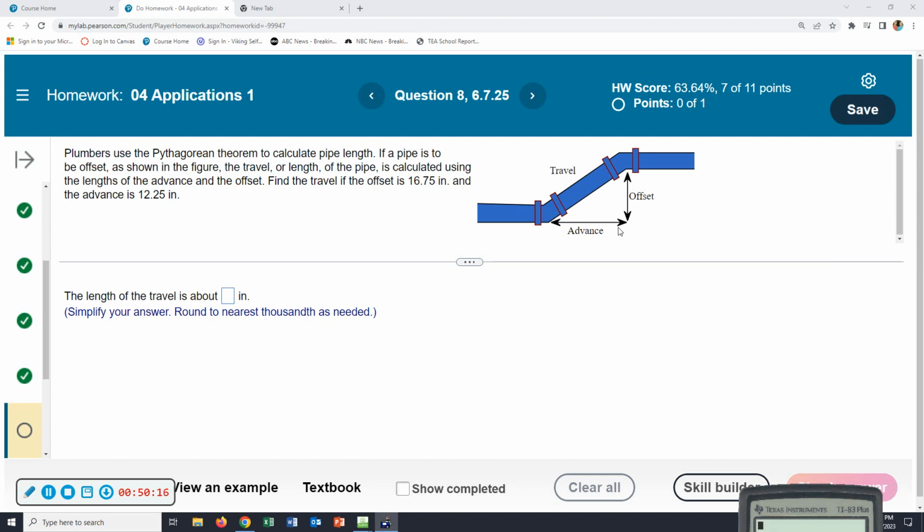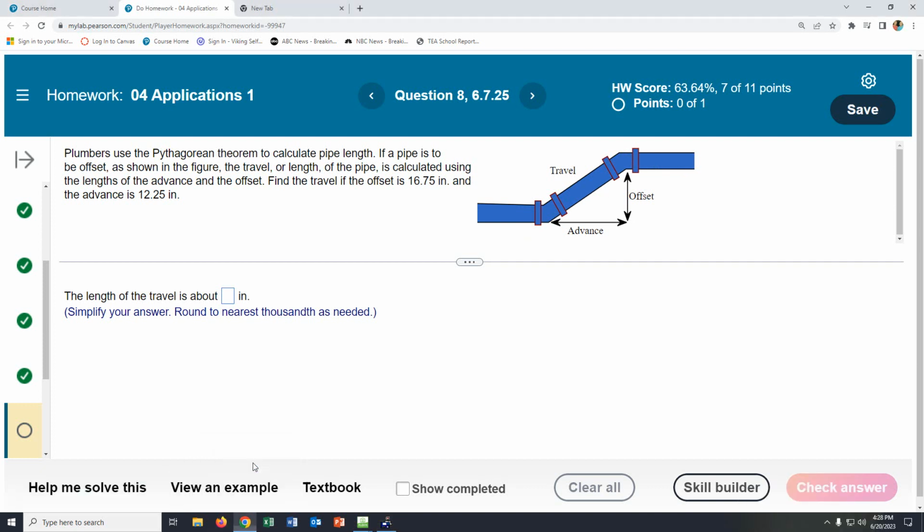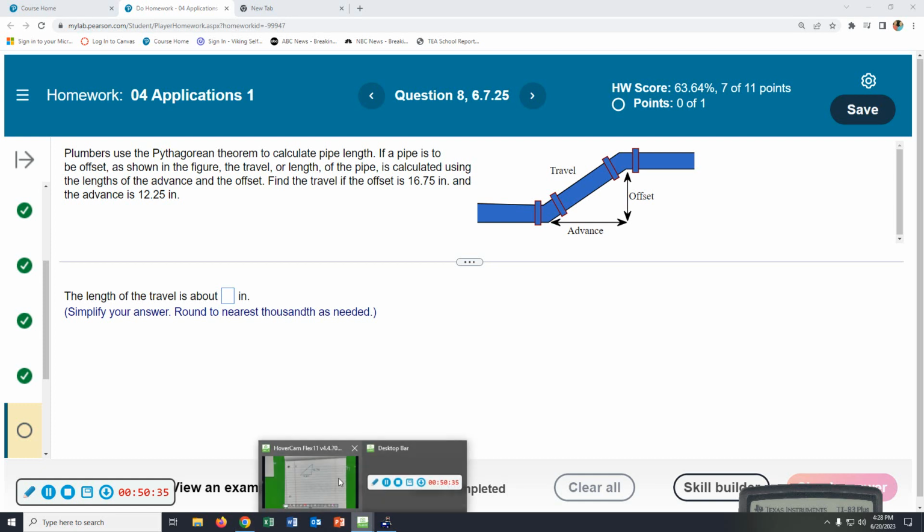The offset is 16.75 inches. The advance is 12.25 inches. And we're going to try to find that travel. So once again, we're given a and b.